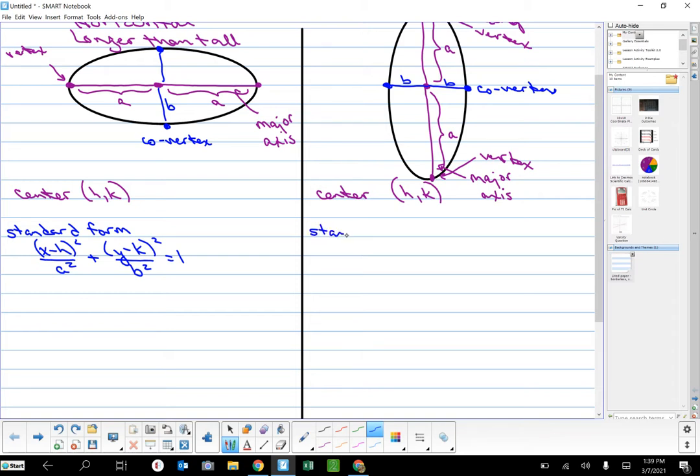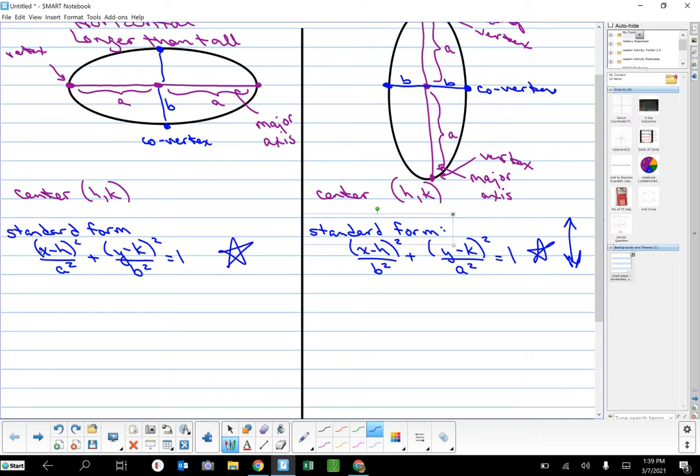Standard form of the vertical one looks like (x minus h) squared over b squared plus (y minus k) squared over a squared equals 1. So if you think about this, this guy is going up and down, and so the a is under the y. This guy over here is going left and right, and so the a is under the x.